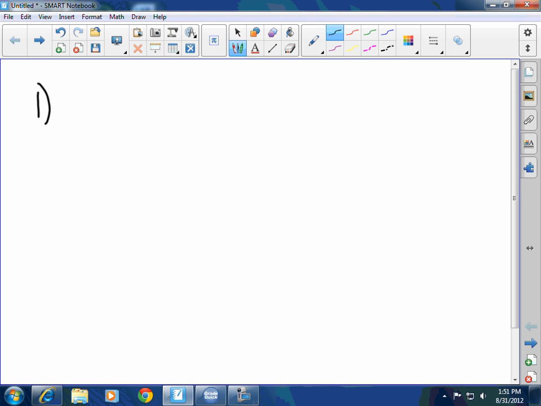For number 1 it said describe the pattern. That's the first thing that most people did not do. And it says sketch the next figure in the pattern.